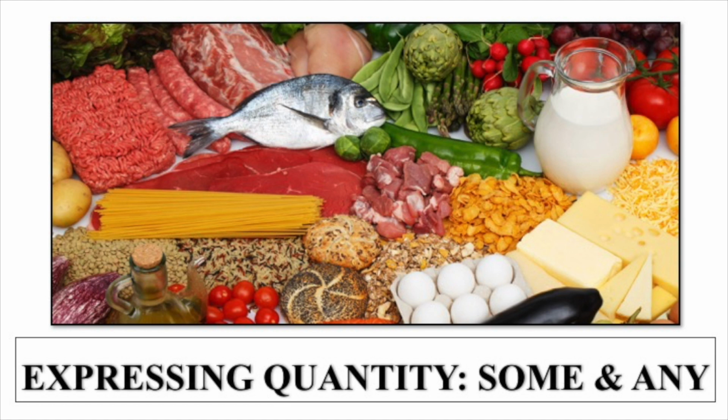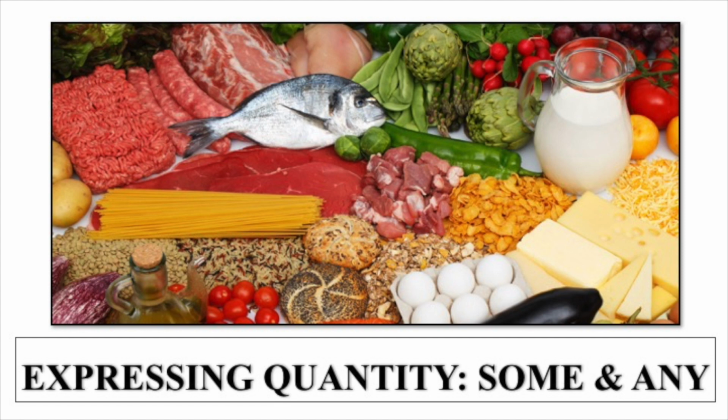And the words we're going to learn to use, some and any. Now look at that picture. There's lots of different types of foods. What food can we see in the picture? Fish, meat, milk, pasta, eggs. And for everything in the picture, we can use any.